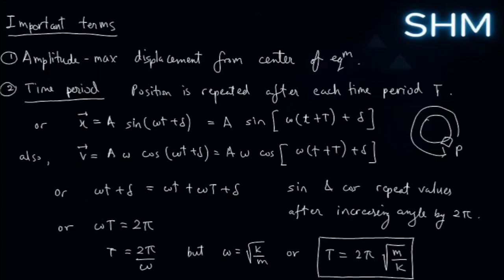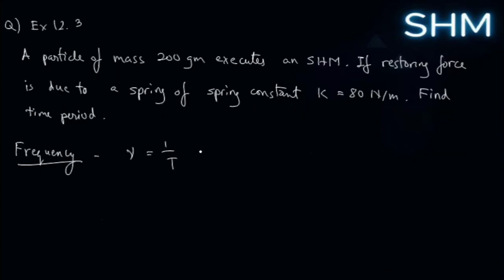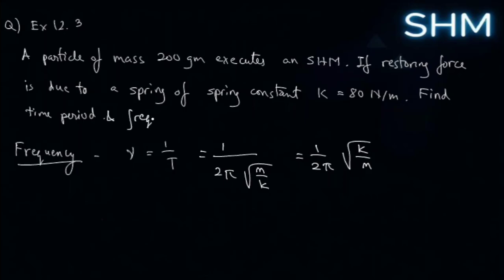So if I say 1 by 2 pi root over of m by k, I'll get what? 1 by 2 pi root over of k by m. So for this problem, you can also find the frequency, right? So try finding the time period and frequency and comment the answer below.